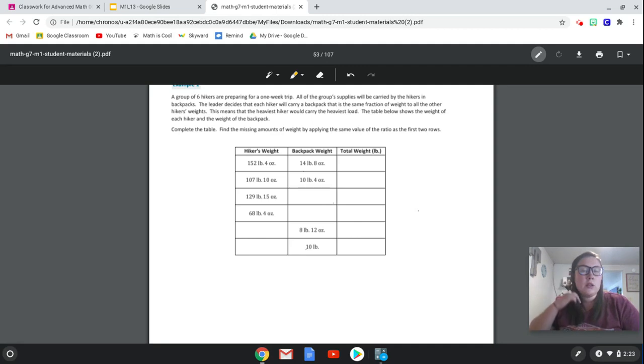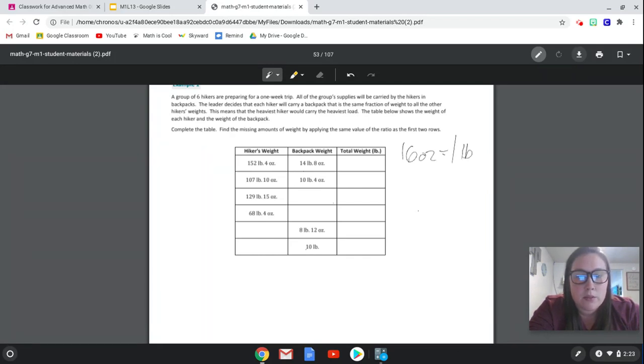So we'll first go through and talk about the conversion. We have to remember that 16 ounces equals 1 pound. So OZ, LB, those are the abbreviations. I'll just go ahead and show you one example here.